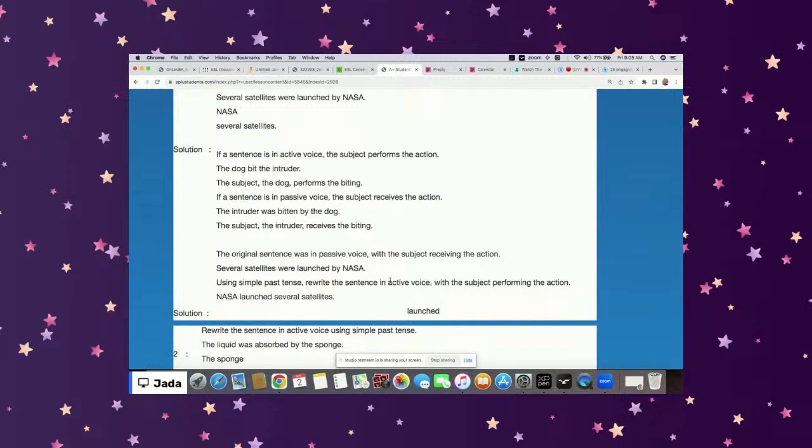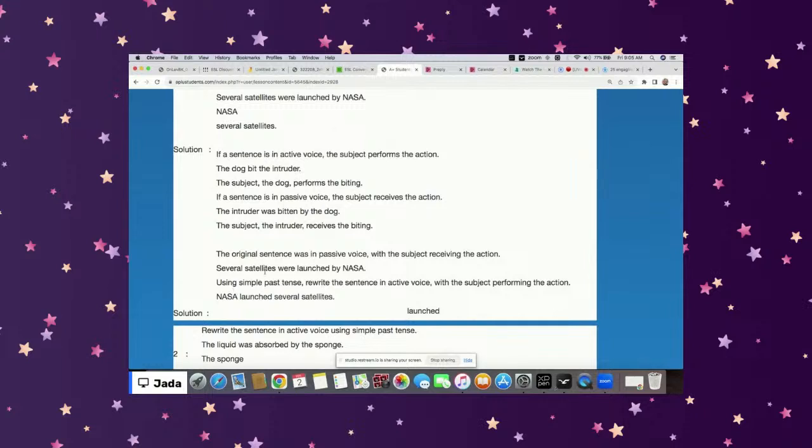Using simple past, write the sentence in active with the subject performing the action. So, with what we've said, we will just change the sentence the other way around, because the original sentence was in passive voice, the subject receiving the action, like several satellites were launched by NASA.